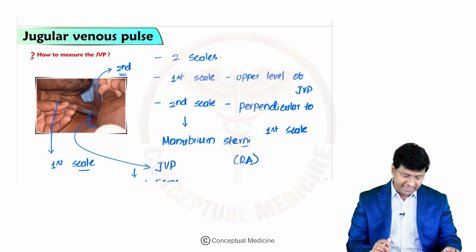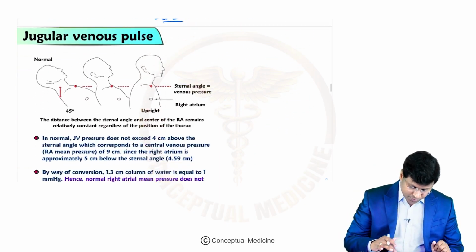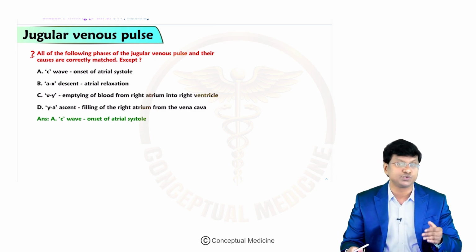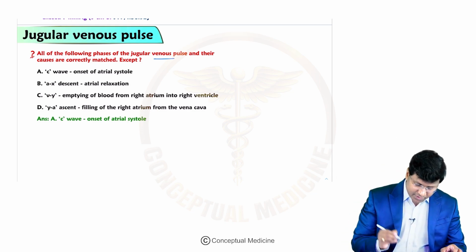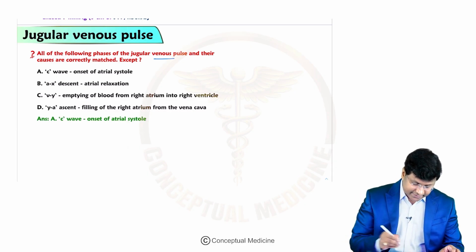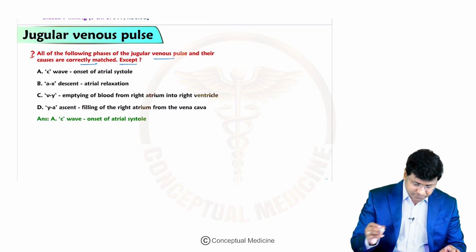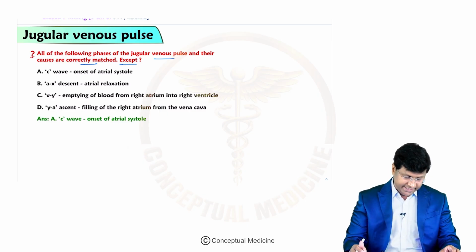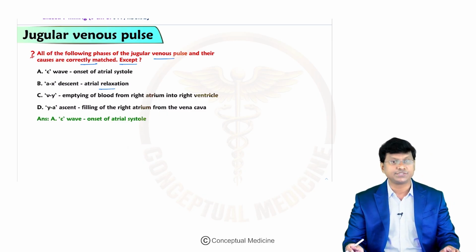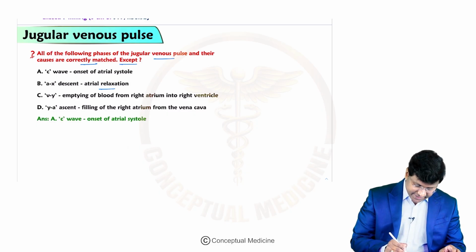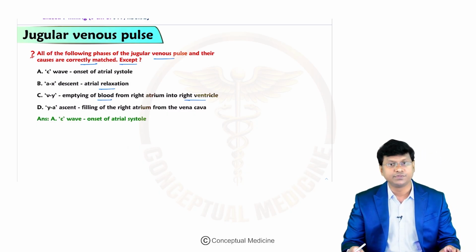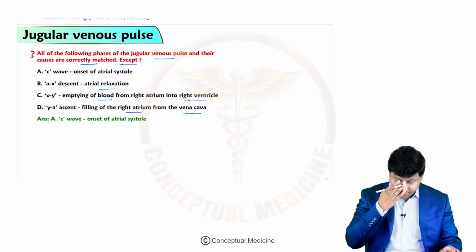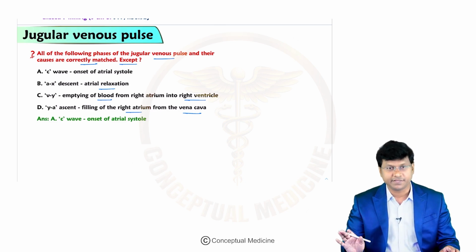Now after having said this, let me go on to the discussion of the waves question, like what I have shown you in the beginning. All of the following phases of the jugular venous pulse and their causes are correctly matched, except: C wave represents the onset of atrial systole, AX descent represents the atrial relaxation, VY represents emptying of the blood from right atrium into the right ventricle, YA ascent represents filling of the right atrium from the vena cava.